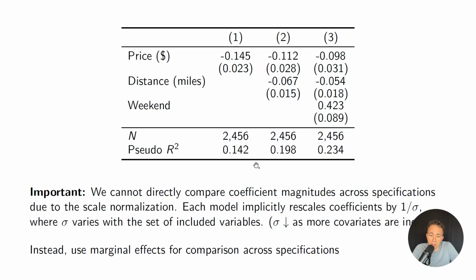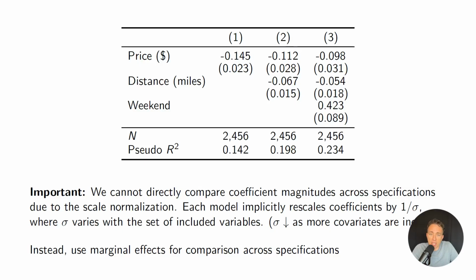And likely the sigma is getting smaller as I go across the columns because the pseudo R-squared is getting bigger. We can't be sure of the relative magnitudes, but for this reason, we can't just say that price has a lower effect on the choice in column 2 than column 1, like we would if it was a linear regression model. So this is important to think about when you're interpreting the actual results of a discrete choice estimation problem.